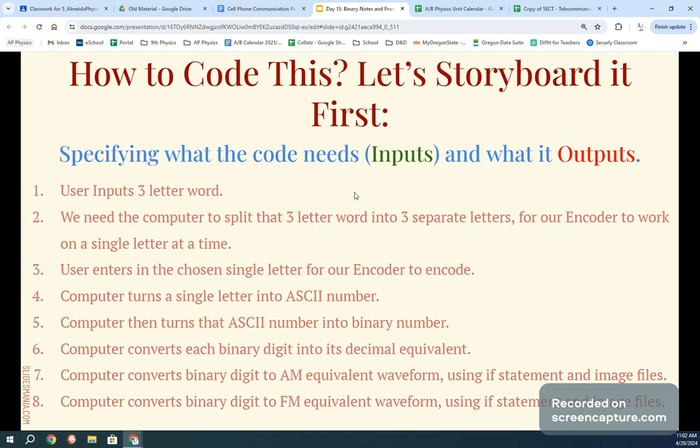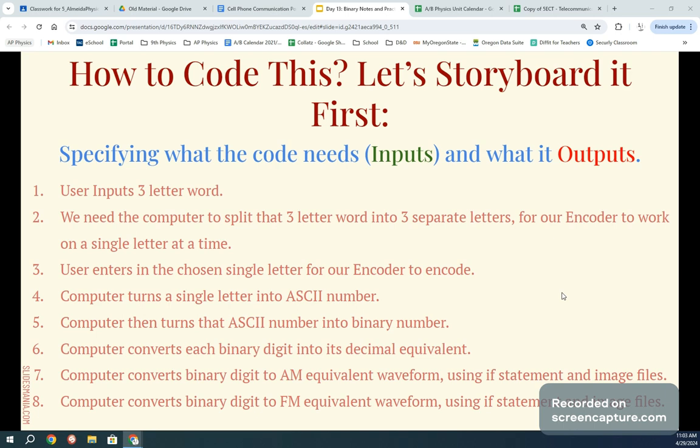Always useful to think about what are the inputs versus outputs whenever we're doing any of this coding stuff. Trying to think about like, is it something that we're going to put in? Is it something that we're expecting the computer to spit out for us? Always useful to kind of think about what's going on with that. So obviously when there's a word like user inputs, well, that's going to be an input, right?